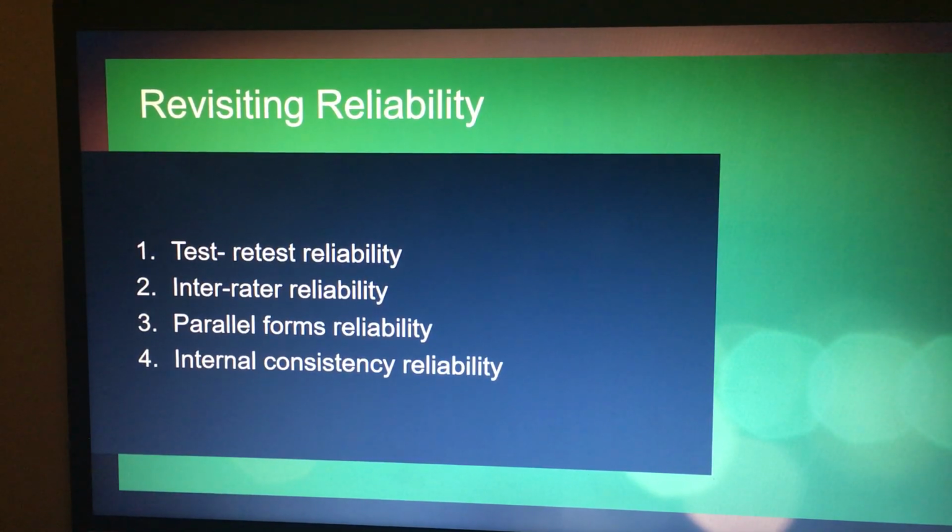So we are revisiting the concept of validity again here because correlations are often used as evidence in discussions of validity.